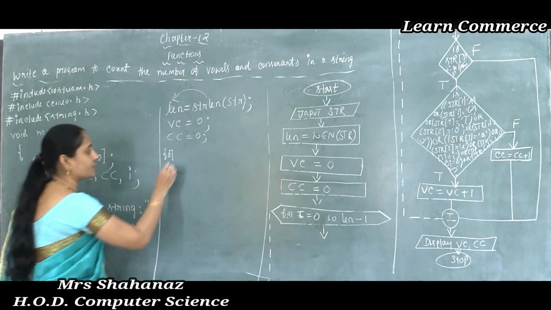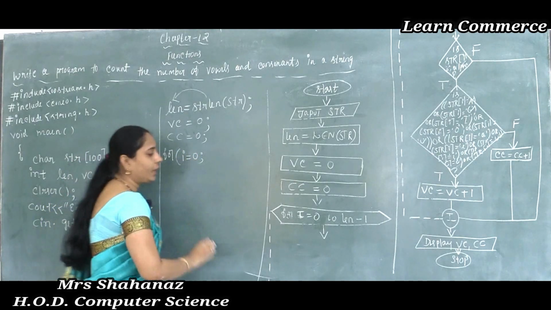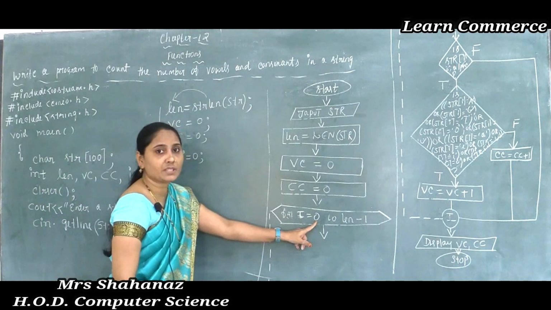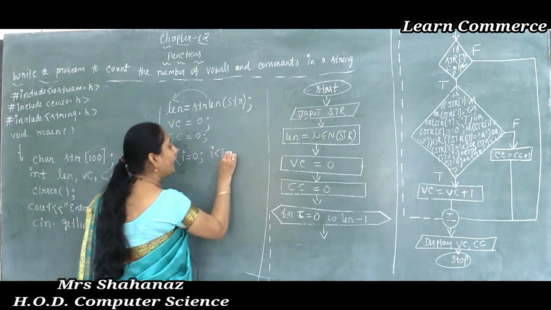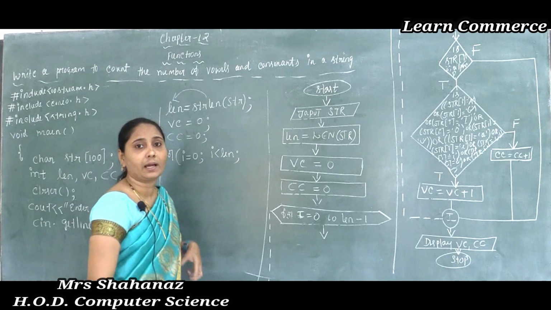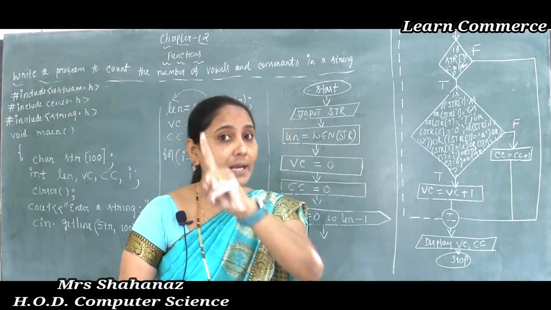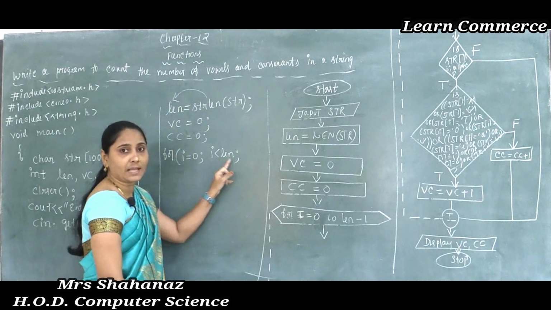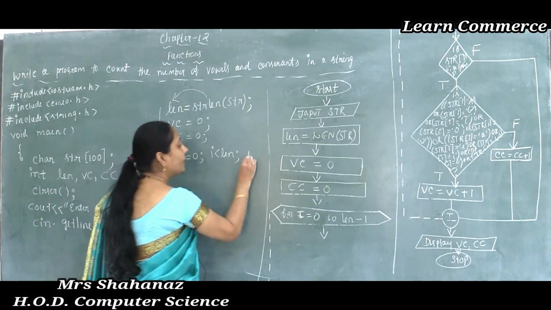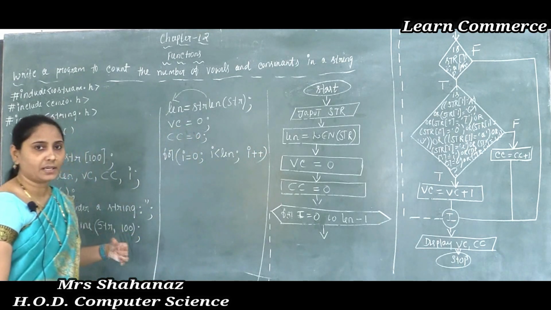So I am using I is equal to 0, from position 0, and I less than len, till the last character of "welcome to class". If the condition is true, all those characters are accessed, with I plus plus. Clear this point here.